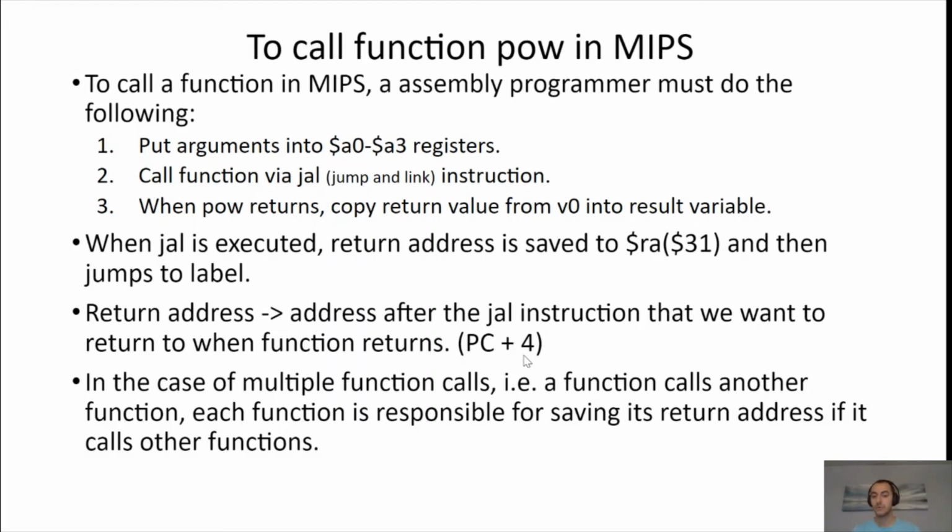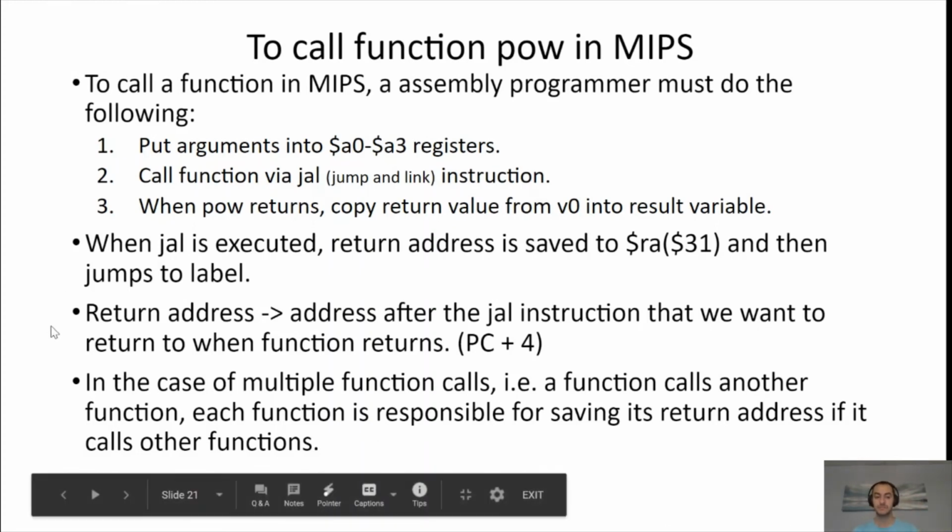So why 4 again? Because if you remember, when we were talking about the memory, we said that each instruction is actually 4 bytes. And the addresses that you are using are increments of 4. So that's how the instructions are done.